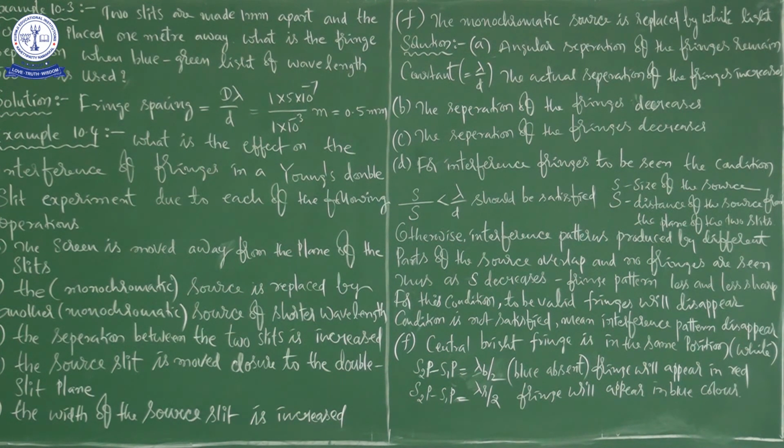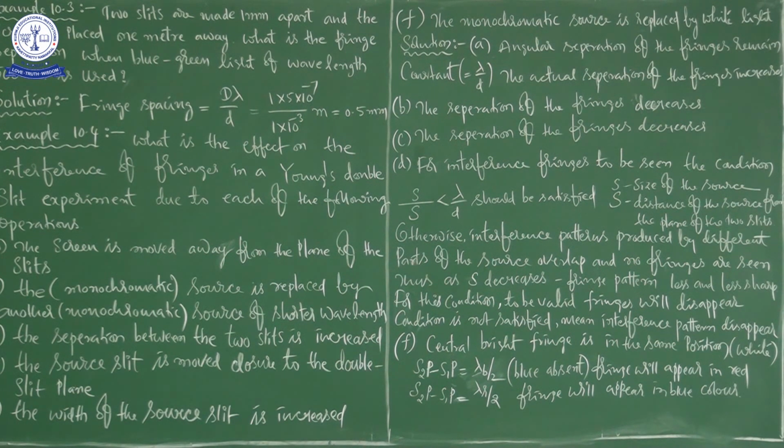After a few fringes, no clear fringe pattern is seen. So the central fringe is white, after the central fringe either top or bottom will be red and beyond this will be blue. This is the situation present on the screen when the monochromatic source is replaced by white light.